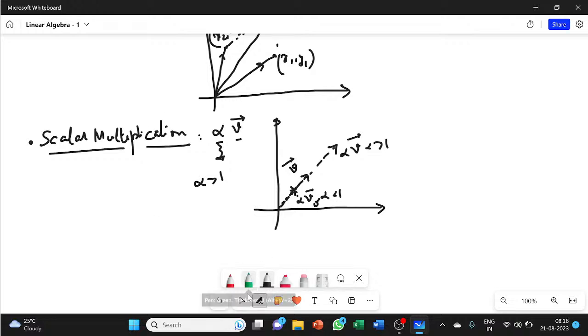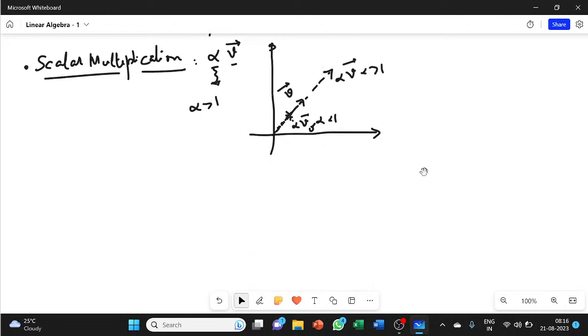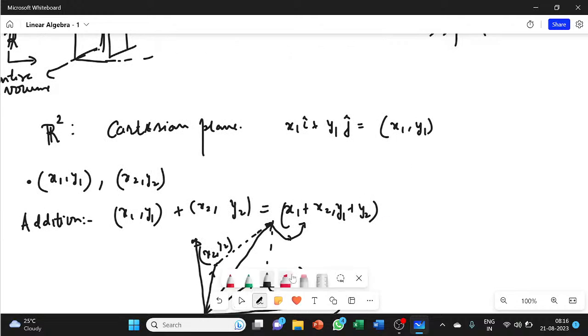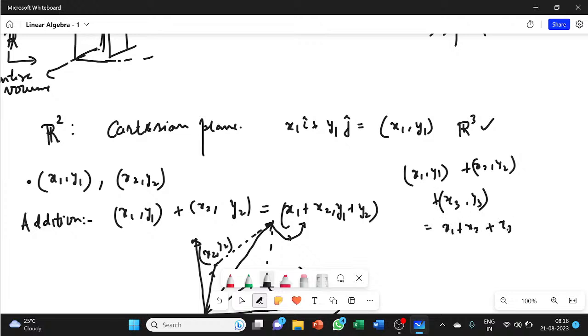Okay. Now, what sort of properties and similar things? Why only R square? If you think about R cube, similar things can be done for the same. I know for R cube also, I can define an addition like x1 comma y1 comma z1 plus x2 comma y2 comma z2, and obviously I can define this vector addition componentwise. This would be a vector addition.